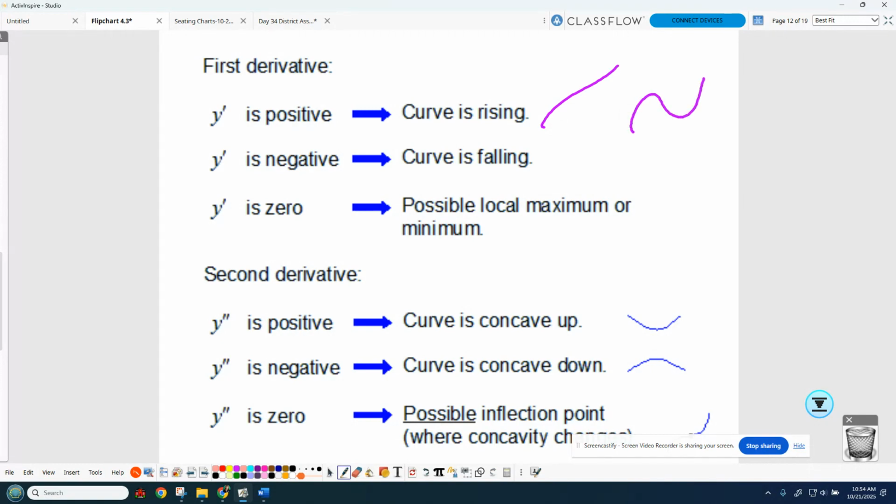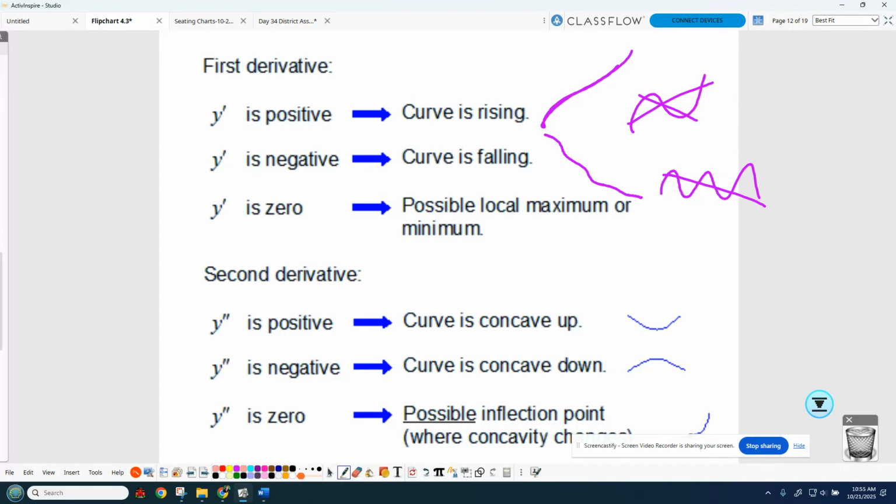Can the curve do this if the first derivative is positive? No, it means you're forever going up. So there are restrictions when I tell you it's positive, Alex. You're like, okay, it's gonna have to fit a particular kind of thing. If the curve is falling, y prime is negative. It's gotta do that, it can't do any wiggles.